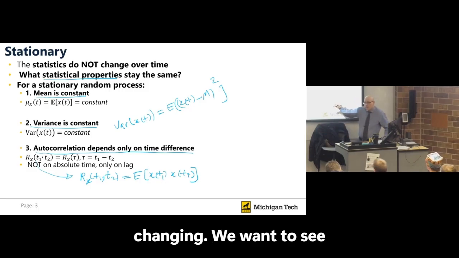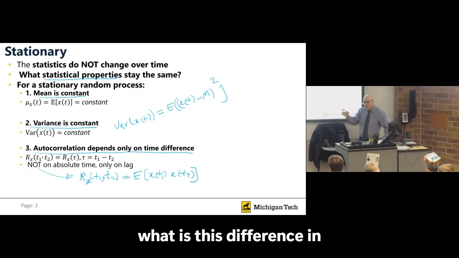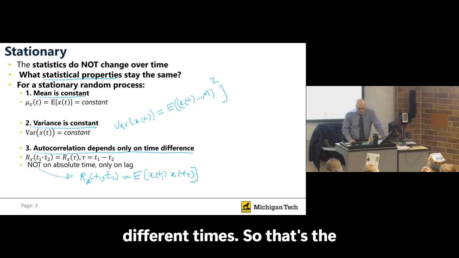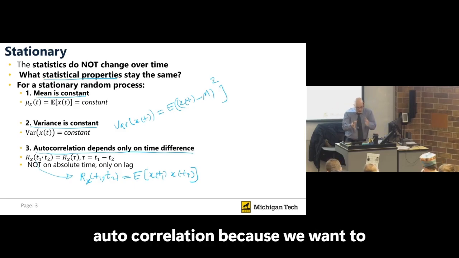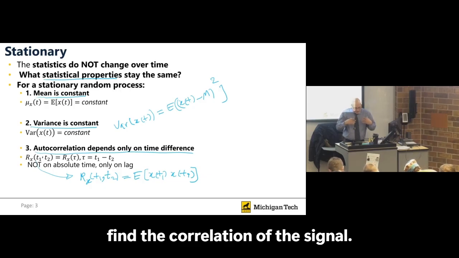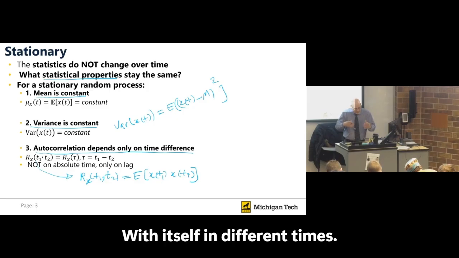It's a signal that is changing. We want to see what this difference is at different times. So that's autocorrelation, because we want to find the real correlation of the signal with itself at different times.